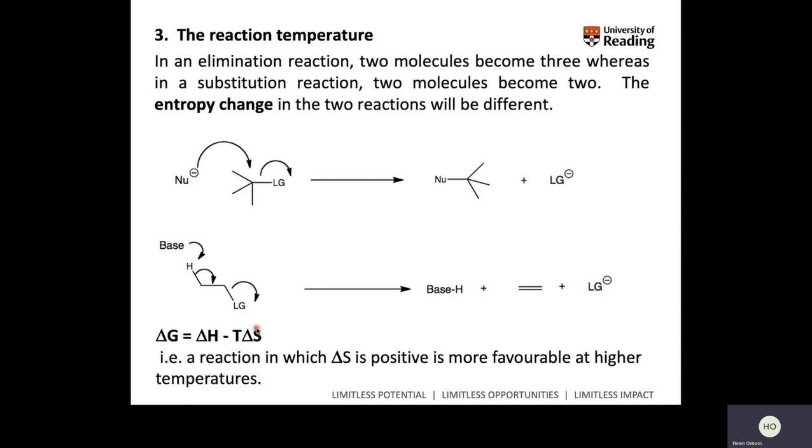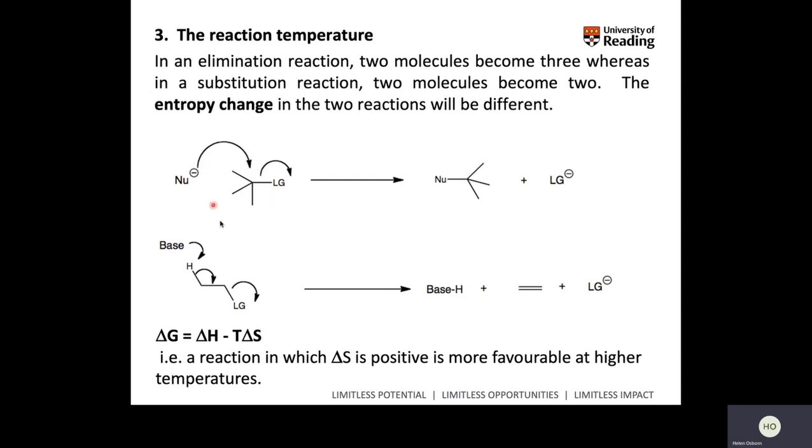So what we can also do is think about the entropy change for the nucleophilic substitution reaction and compare it with the entropy change for an elimination reaction. For entropy change, what we're looking at is the amount of disorder which is occurring in the reaction. How much chaos, how much disorder are we forming in the reaction? If we look at a substitution reaction, we've got two components on the left-hand side.